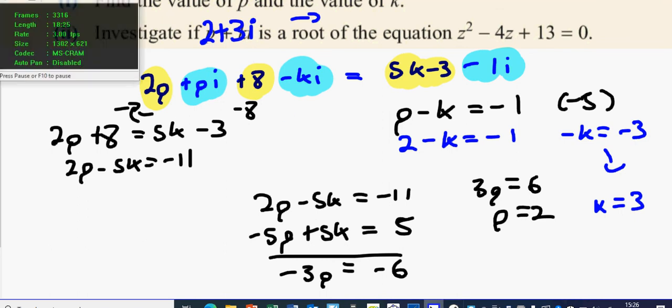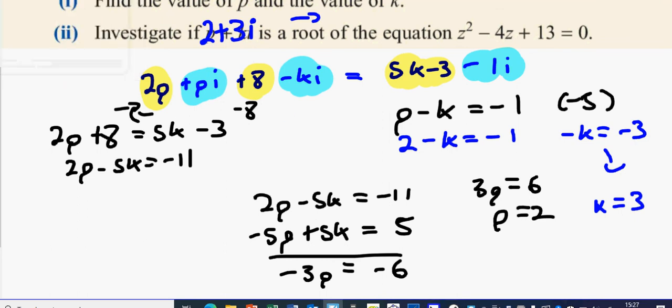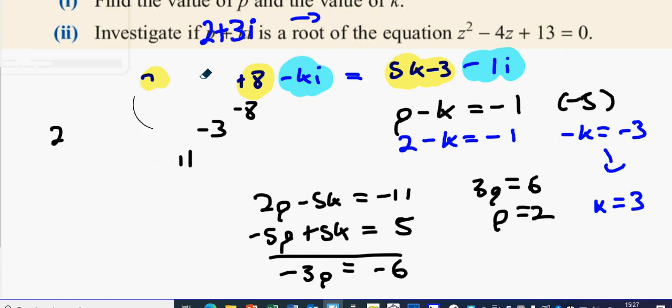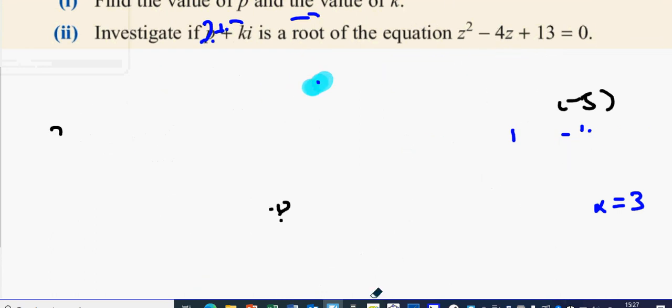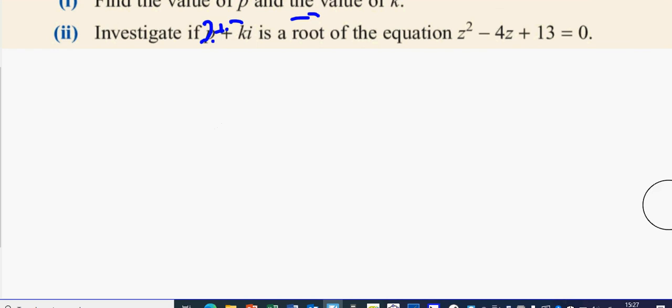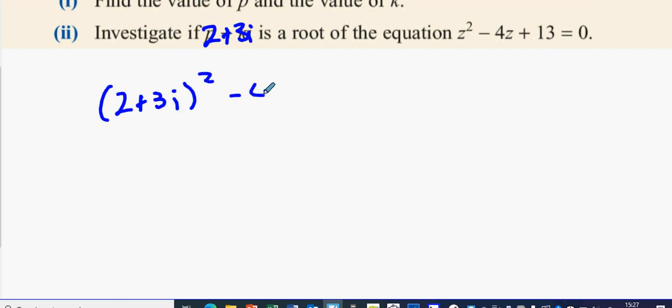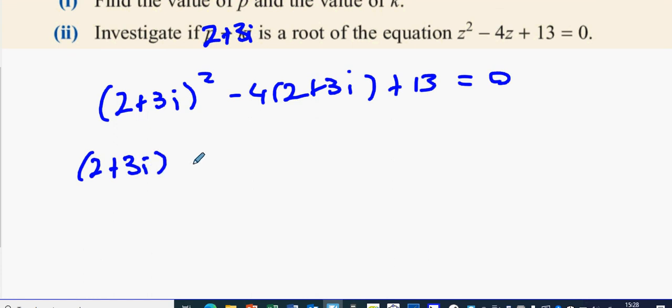Anywhere you see z, you put in 2 plus 3i. And you should be able to get this out as 2 plus 3i squared minus 4 times 2 plus 3i plus 13 equals 0. 2 plus 3i with 2 plus 3i, minus 8 minus 12i plus 13.